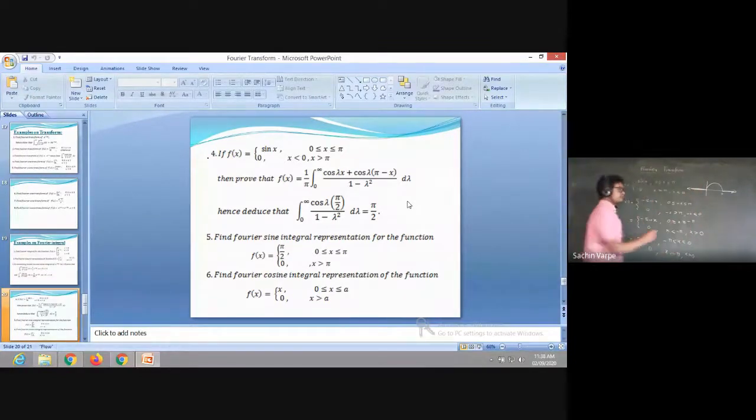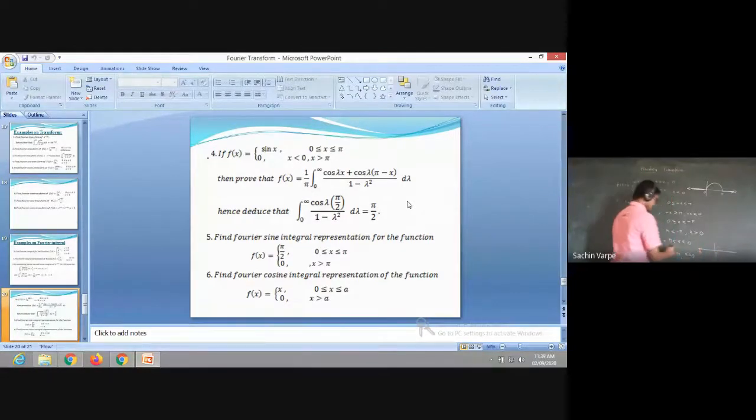Is that okay? And now check the graph of f of minus x. So what is the graph of f of minus x? I hope this is visible. f of minus x is minus of sine x. Minus means reverse of this. And it is from minus pi to 0.